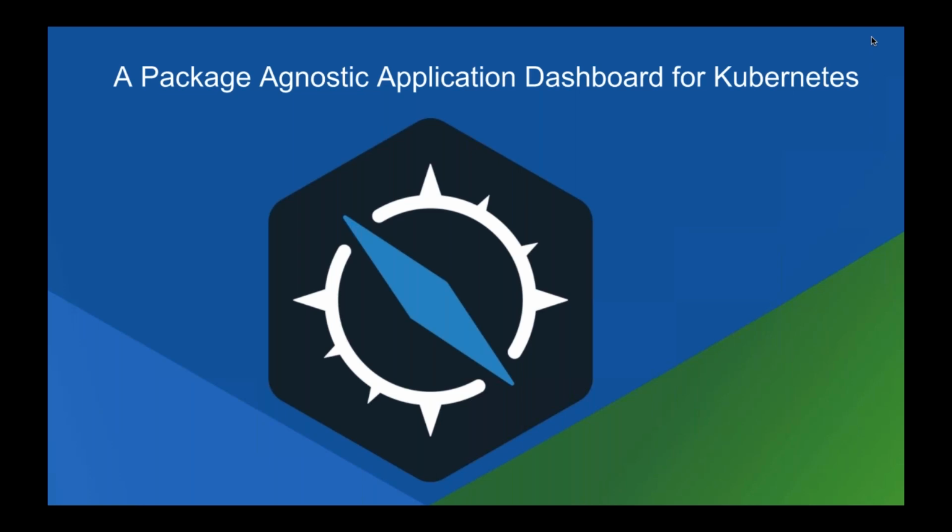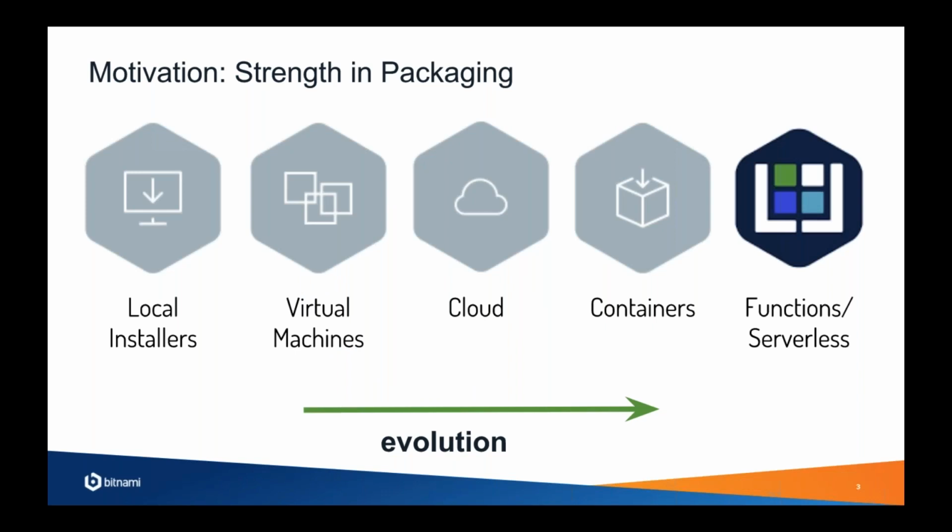Why are we doing this at Bitnami? Clearly, it's because of what I said at the beginning. We have a long history of packaging applications for local machines and virtual machines, creating OVA formats. We are packaging applications for the cloud. We have lots of containers on Docker Hub, on Quay.io, and so on.